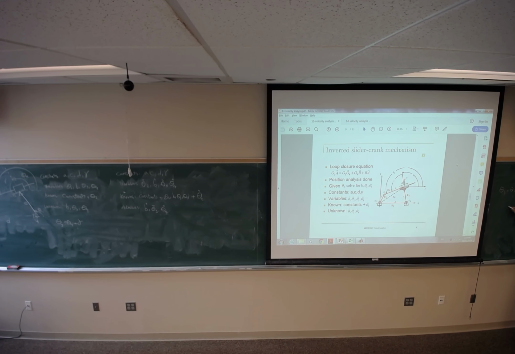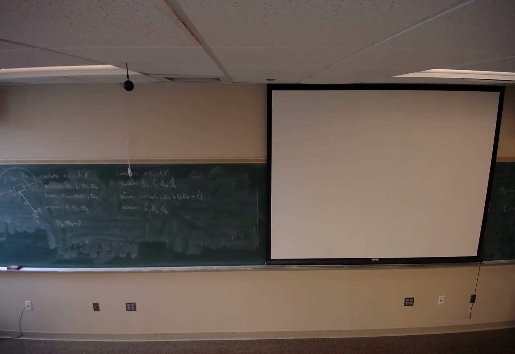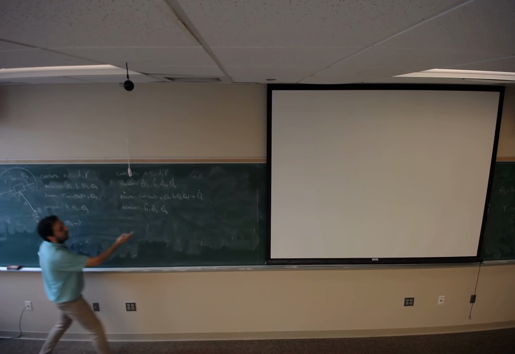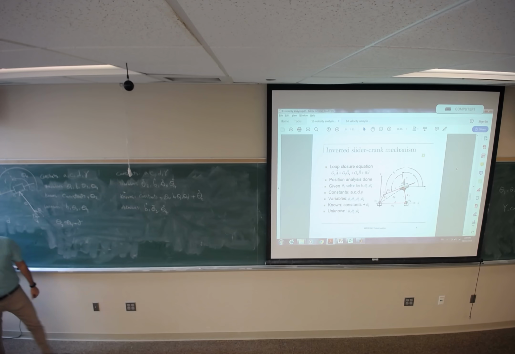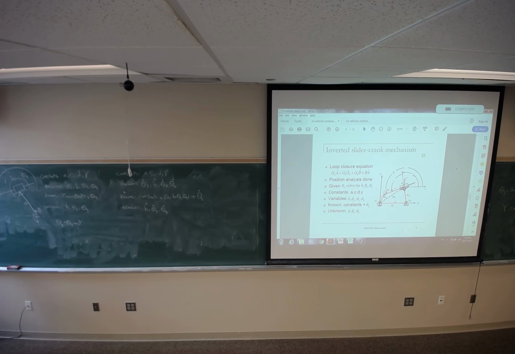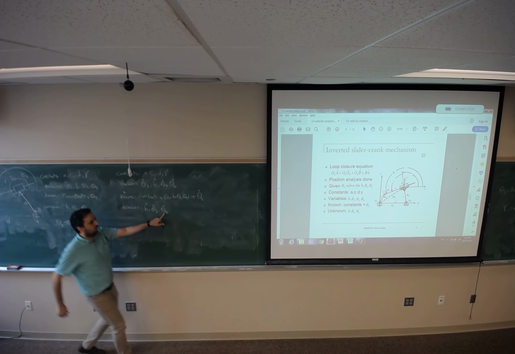Gamma is constant, so its derivative with respect to time is 0. So basically, I just have one of them. The other one is going to be omega 3 equals omega 4. It's coming from this equation.